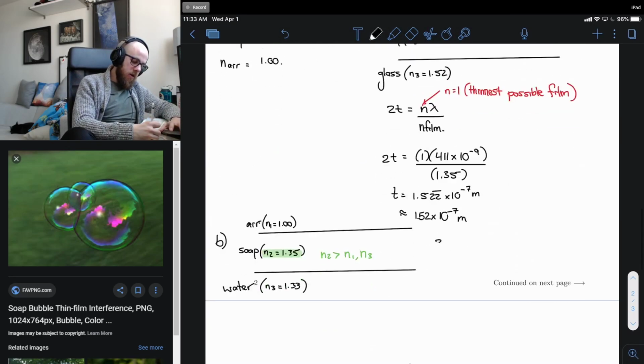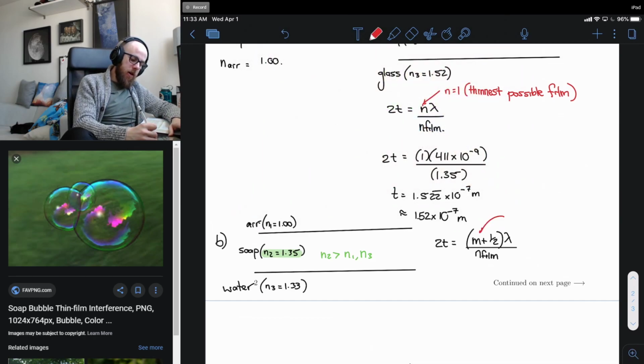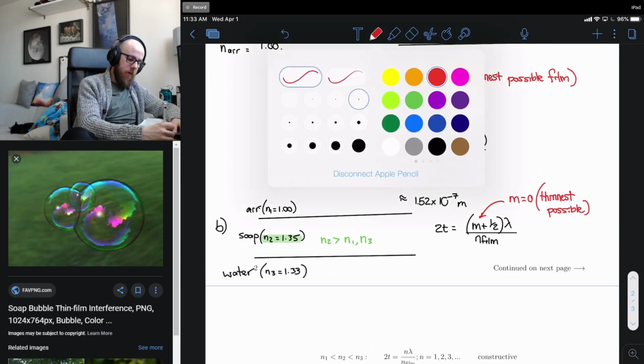So 2t equals (m plus a half) lambda over n film. Okay, and in this case, for the thinnest possible film, we're going to be dealing with m equal to 0. Okay, so let's plug in and see what we get.